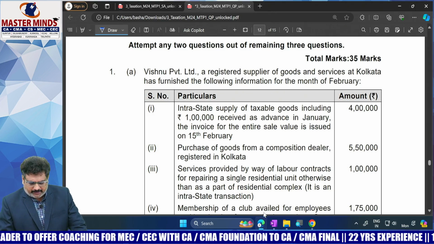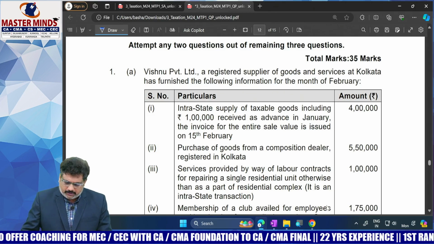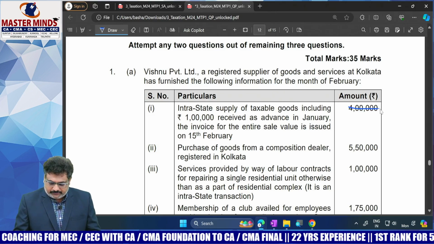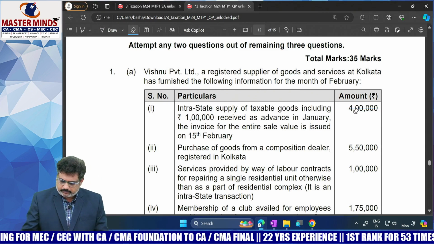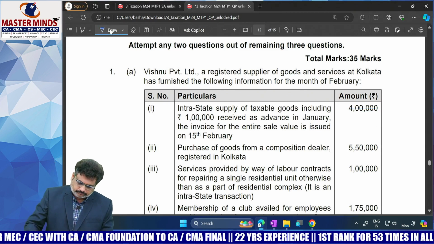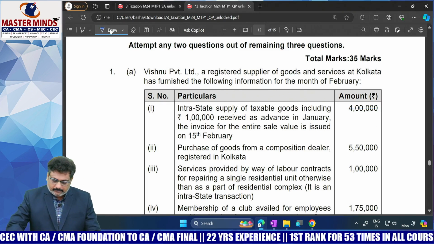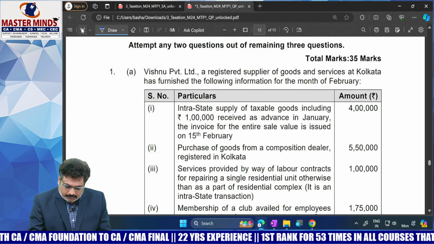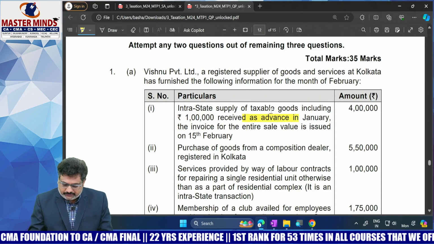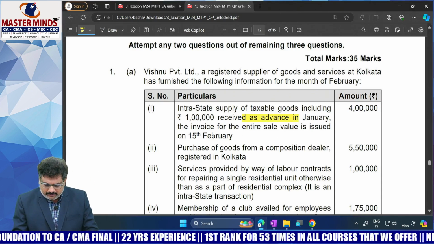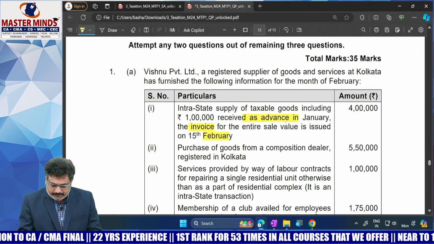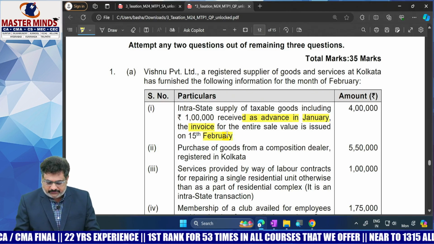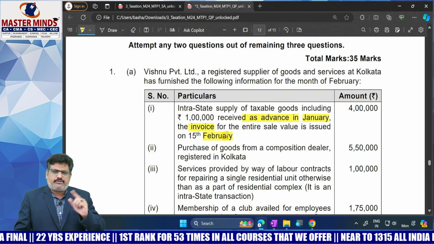The invoice for the entire sale value is issued on Feb 15th, 4 lakhs. See here, what about we need to keep focus on the word advance. And invoice Feb. Advance in January and invoice in Feb. These are the words you need to keep focus.